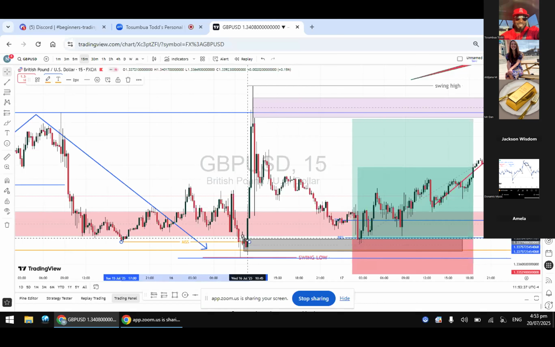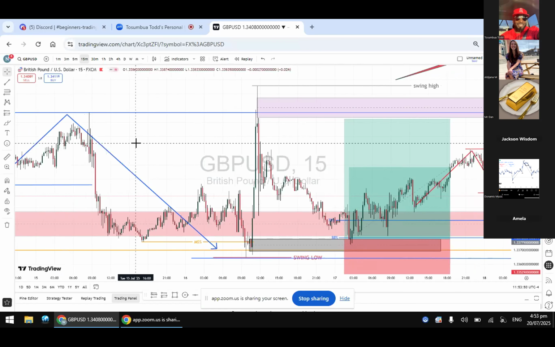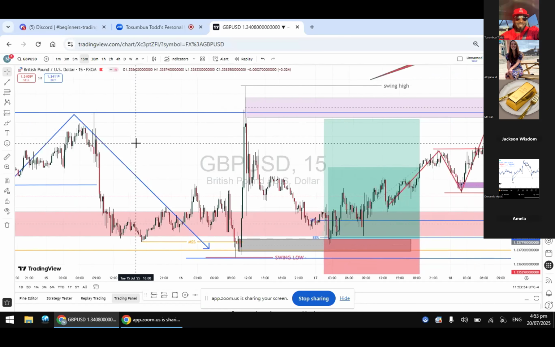Hold on. But Wisdom, are you there? I noticed that the 4 hour structure. Okay, so you had your market structure shift right here.